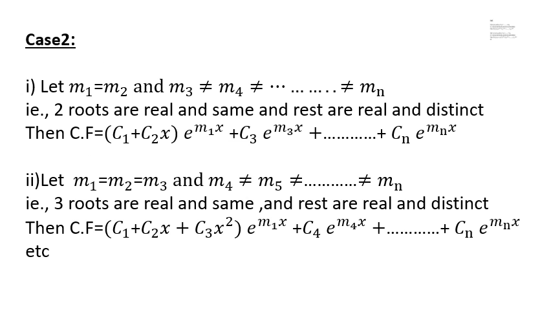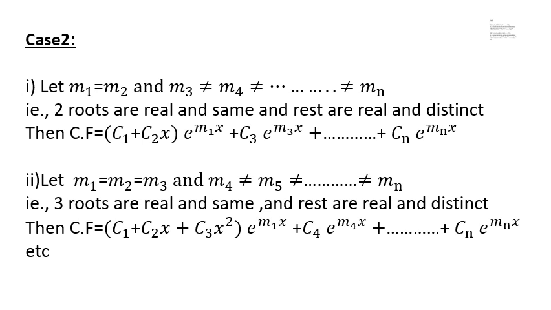Next, case 2. Here, first subdivision, let m1 equal to m2 and m3 is not equal to m4, not equal to, etc., not equal to mn. This means that m1, m2, two roots are real and same. M1 and m2 are real and equal, and the remaining roots are real and different.